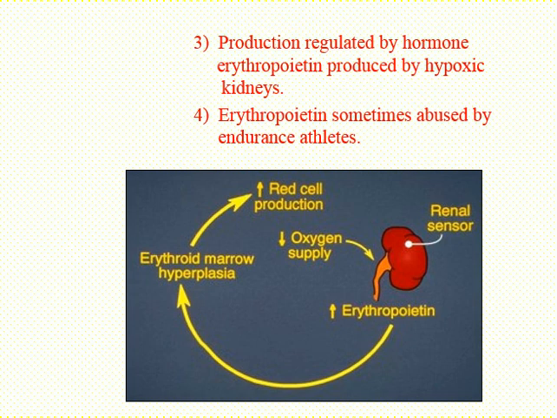Hypoxic is a clever combination of hypo and oxygen. So when your kidneys have low amounts of oxygen, they will be stimulated to release erythropoietin, which will increase the production of red cells, trying to counter the fact that you don't have enough oxygen in your blood. So a nice little feedback loop here.